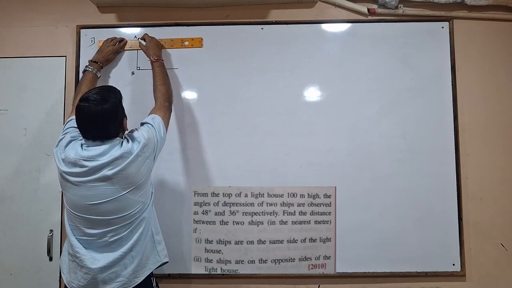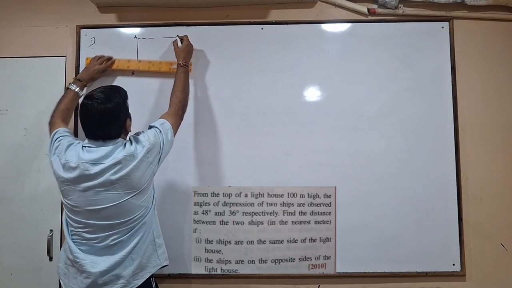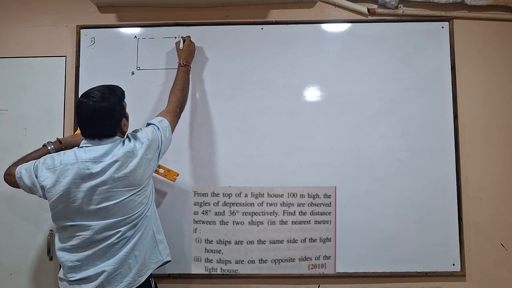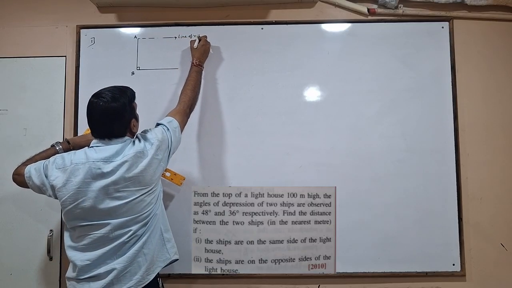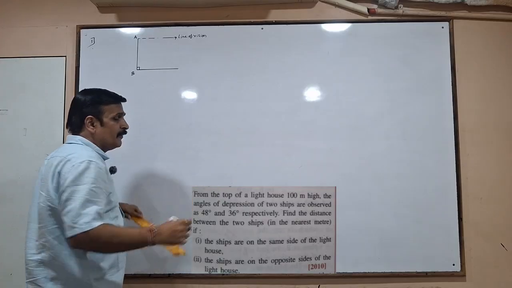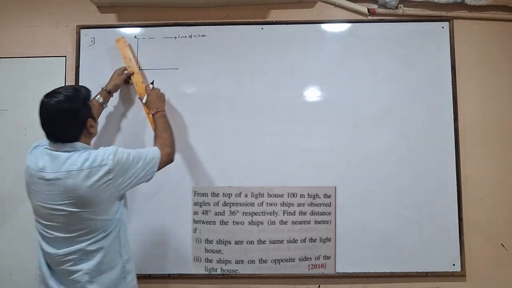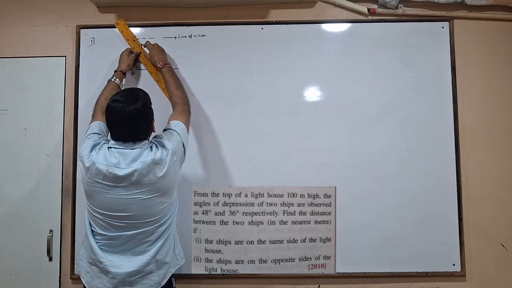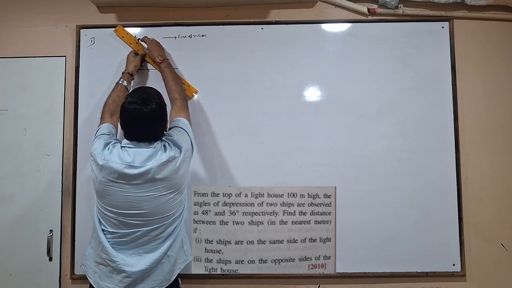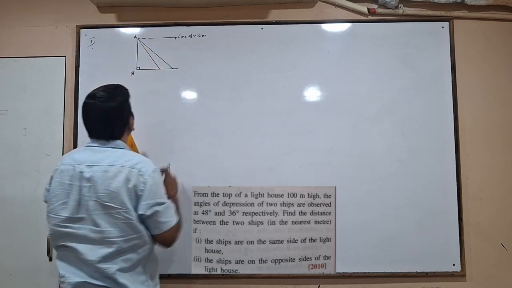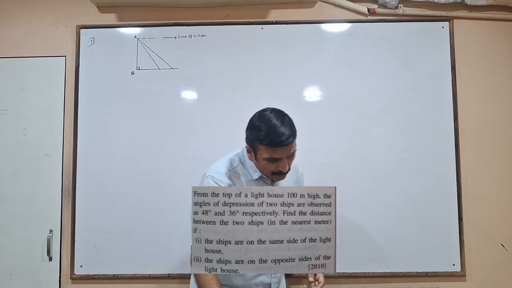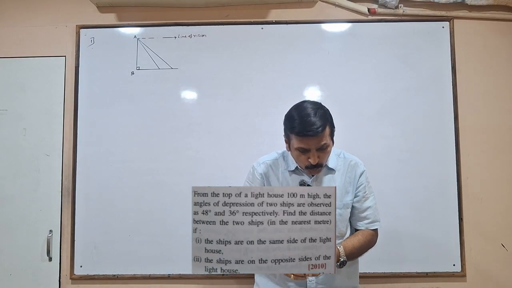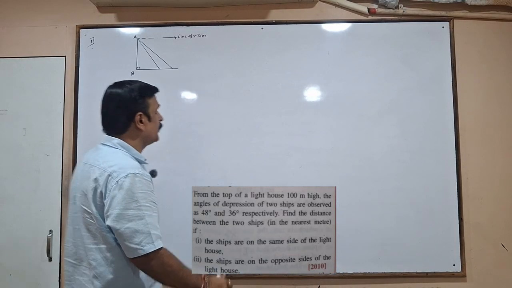Obviously angle of depression is given, and angle of depression should be in relation to the line of vision.